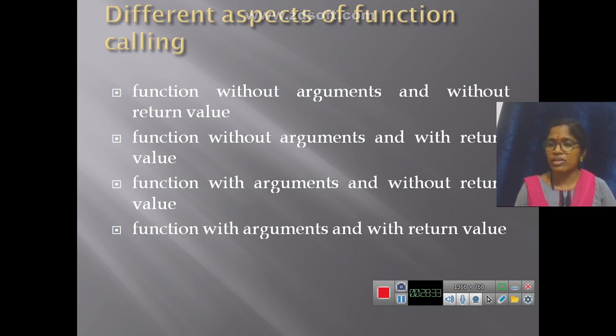So here comes the question: with arguments, without arguments, with return values, without return values. Simply, there is a master and a helper. If the master asks the helper to do some work, the helper will do it. The master is the calling function, and the helper is the called function.